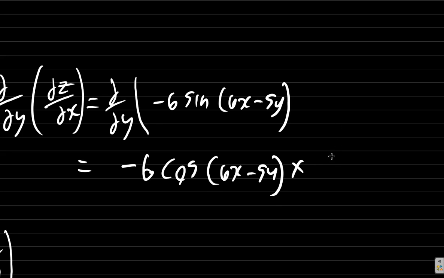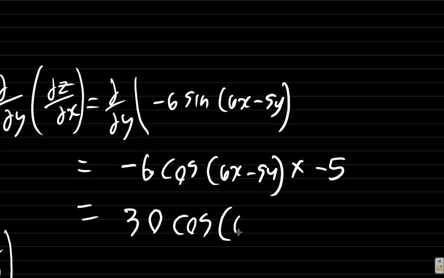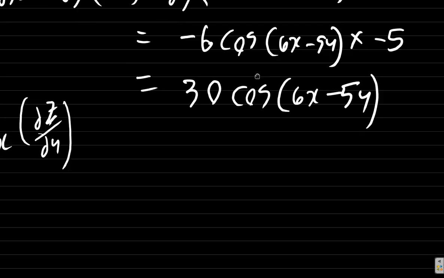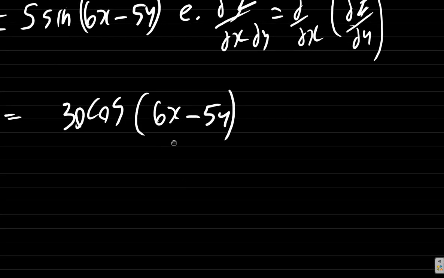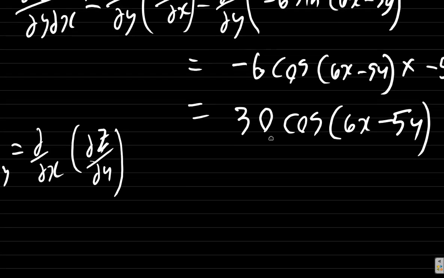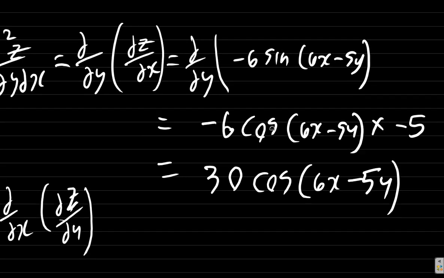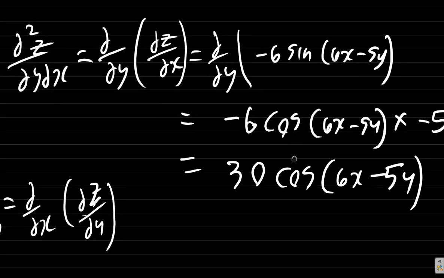It is 6x minus 5y. When you differentiate that, you get negative 5. Alright? So, negative by negative, positive 6 times 5, 30. 30 cos 6x minus 5y is what you get for that. You get the same thing for both of them, alright? Showing that no mistake was made here.